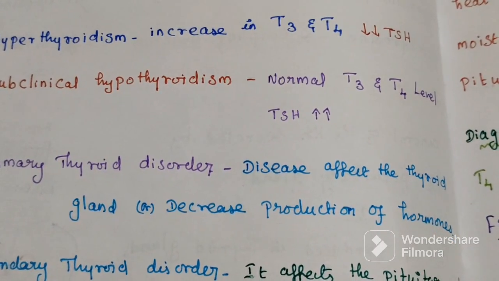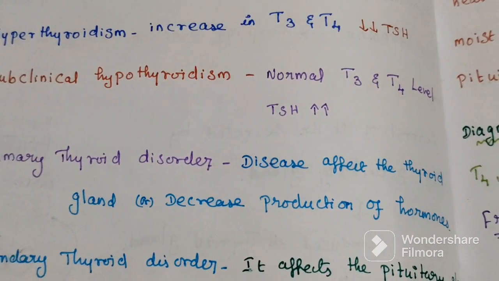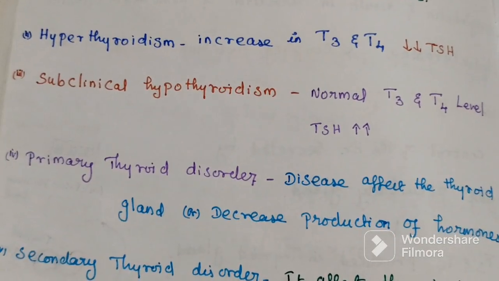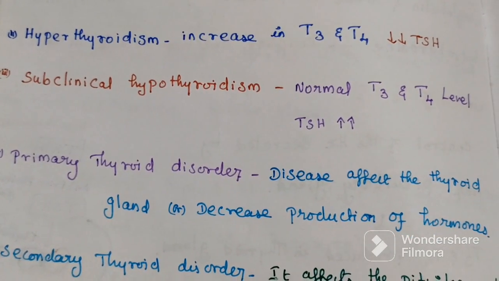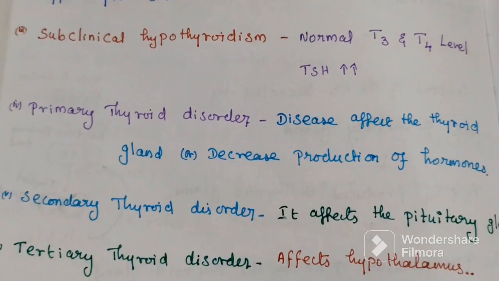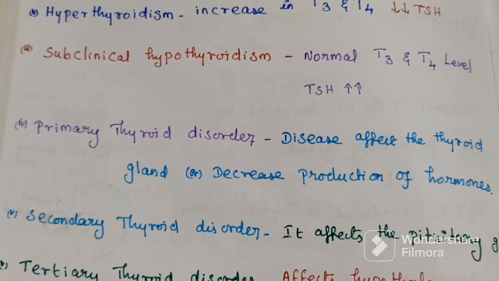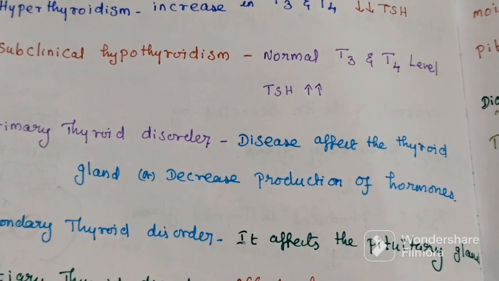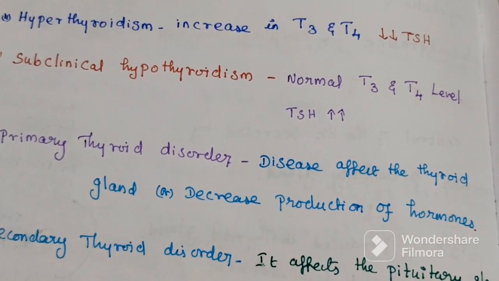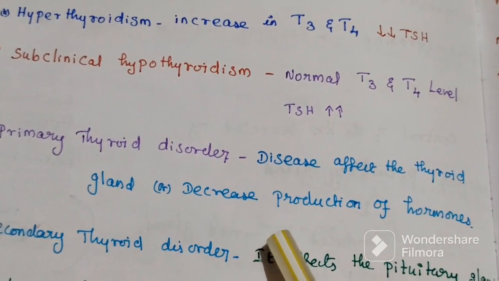TSH level affected means there is an increase in TSH level but a normal T3 and T4 level. It is known as subclinical hypothyroidism. What is meant by primary, secondary and tertiary? When the disease affects the thyroid gland, or there is decreased production of hormones due to disease.